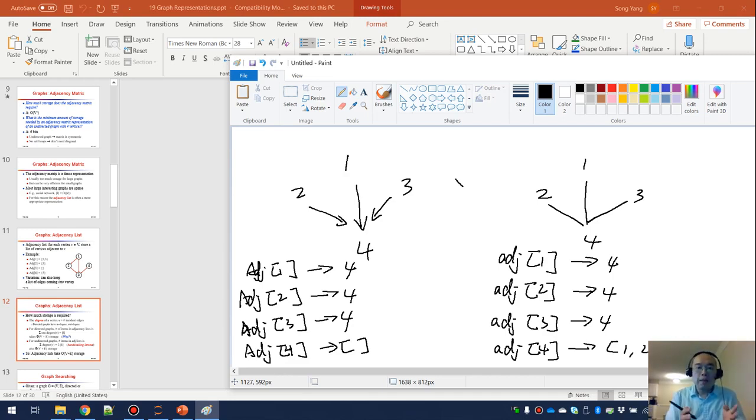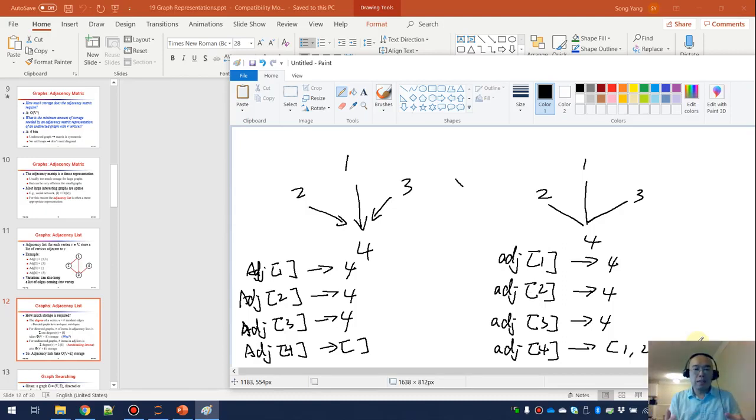So how many nodes are we storing? We are storing 4. So for the adjacency list, there are a total of 4 slots again. And then how many values are we storing in total? We are counting 6, right? Because for each of the edges, if we can go from 1 to 4, then from 4 we can also go to 1.